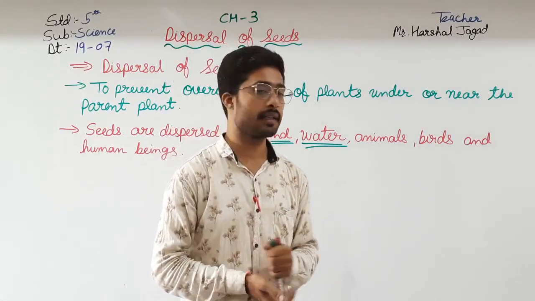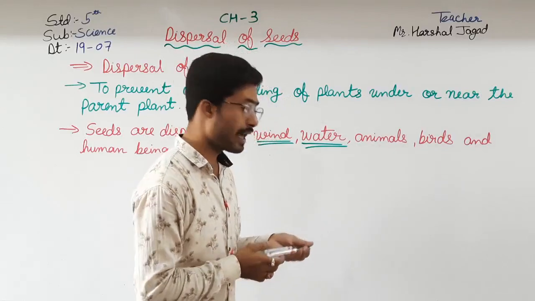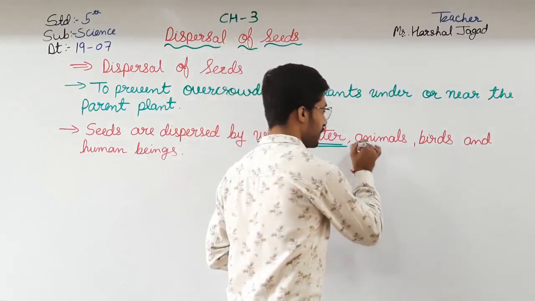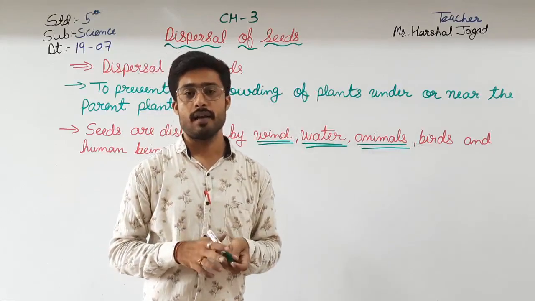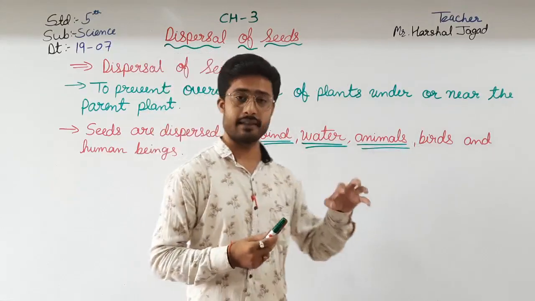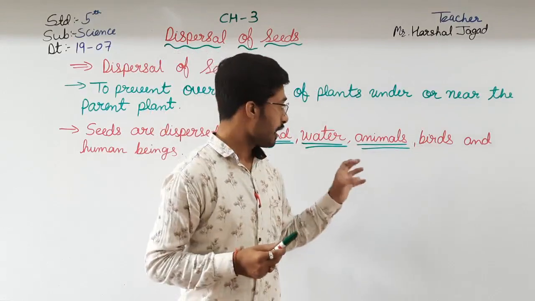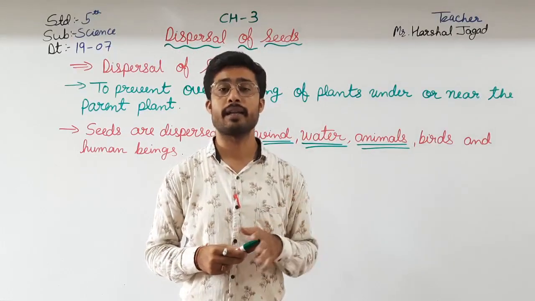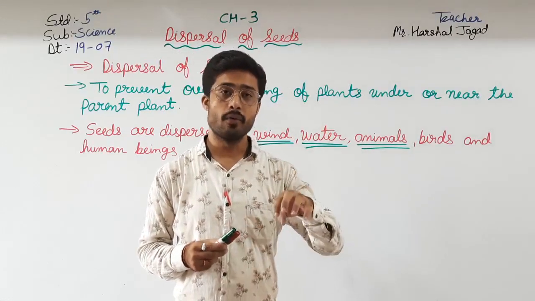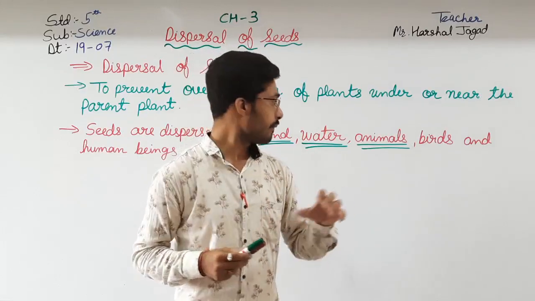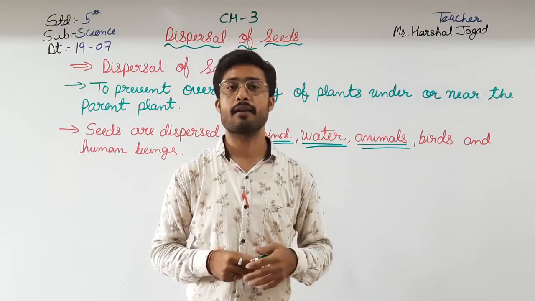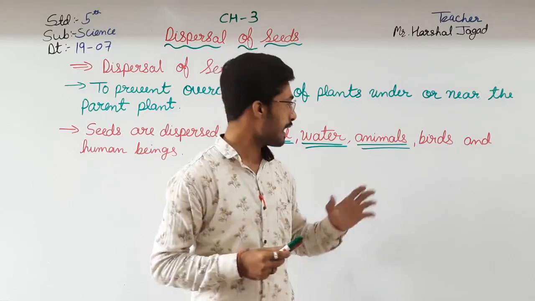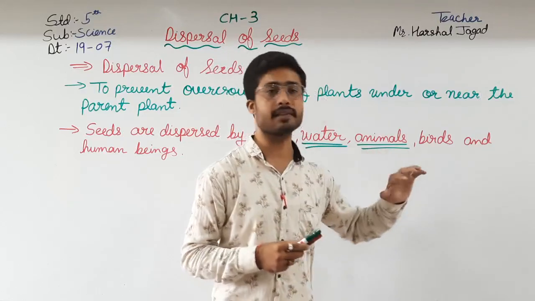Okay students, now moving further to dispersal by animals. If I take the mango tree, the mango will be eaten by animals and they will disperse the seed far from it, and a mango tree will grow over there.